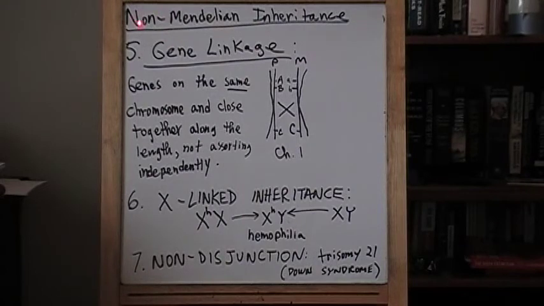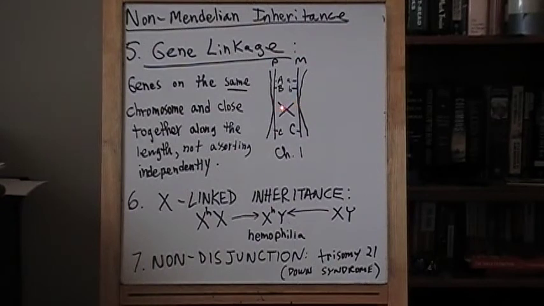And here are a few other non-Mendelian inheritance types. The first one is gene linkage. Gene linkage is where you have genes on the same chromosome and close together along the length. Let's look at an example. Here's chromosome 1. You have the paternal copy and the maternal copy, so these are homologous chromosomes.